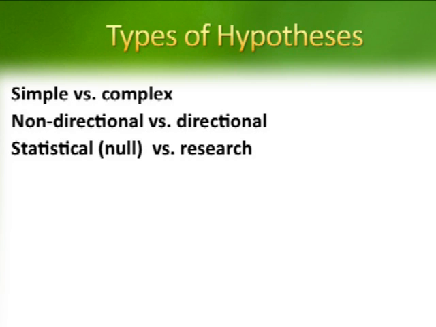Now, what I want you to hear and keep in mind with all research, not only for this course, but for your entire life: associative relationships do not indicate cause and effect.